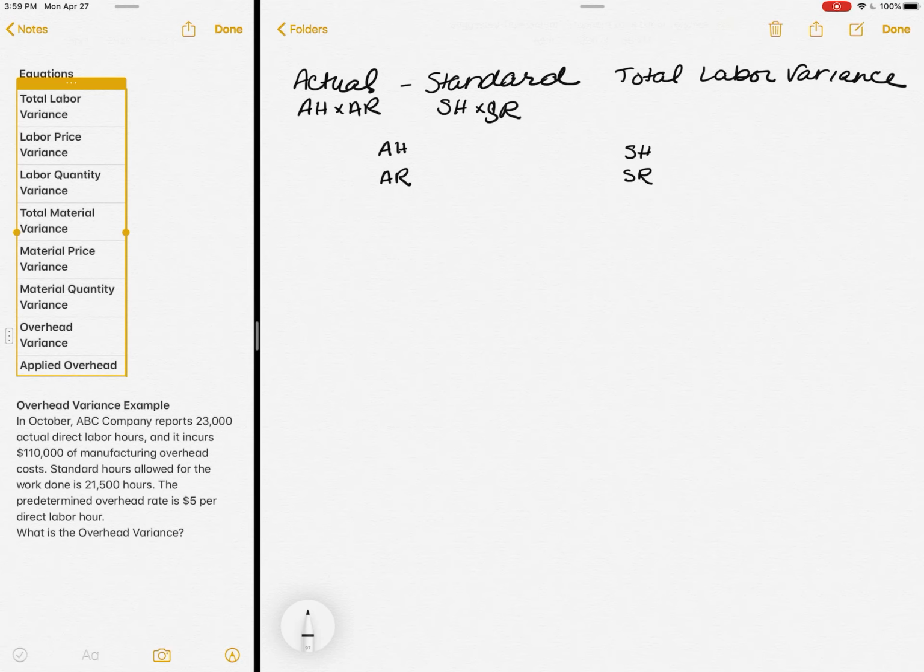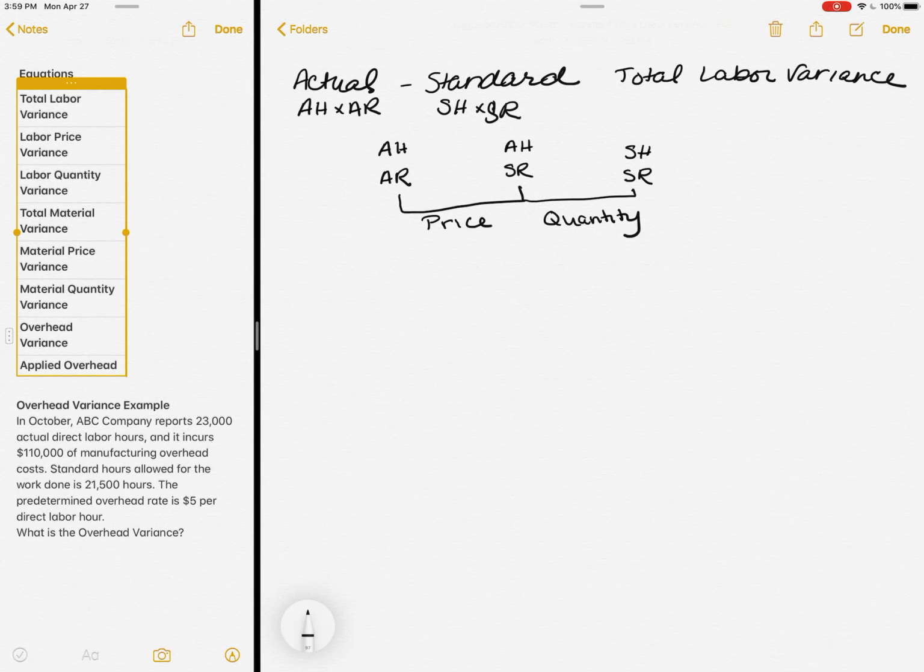But what we record in our books are our actual hours at our standard rate. So this is where the total comes from. So we take that total labor variance and we're going to break it down to two different pieces. Our price variance and our quantity variance.